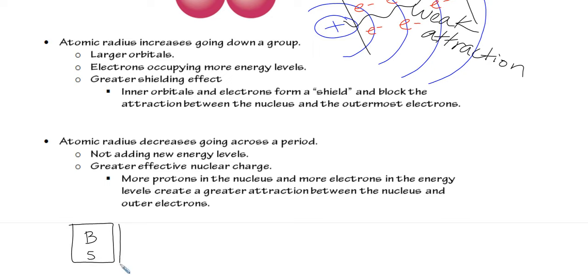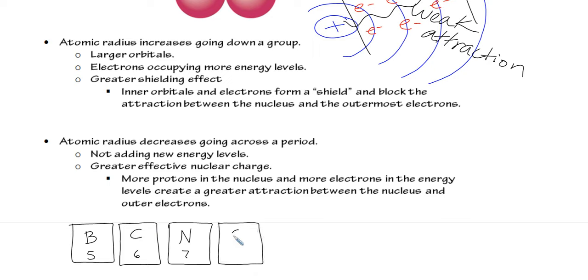And then let's go across. We'll do carbon, number 6. And then we'll say this is nitrogen, number 7. And oxygen is number 8. And then we'd have fluorine, number 9. And we'll end her with neon, 10.